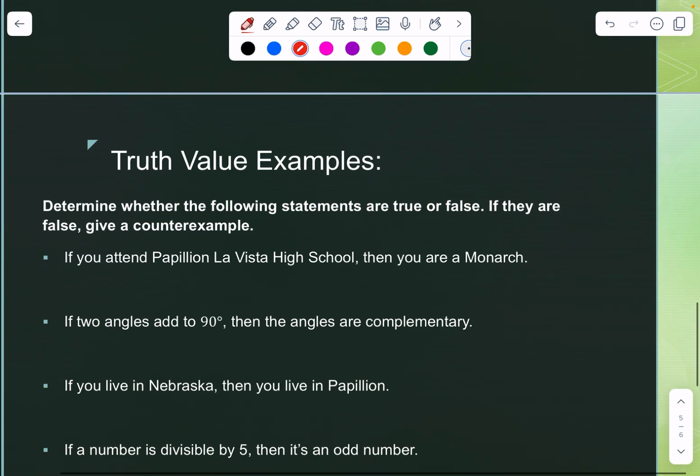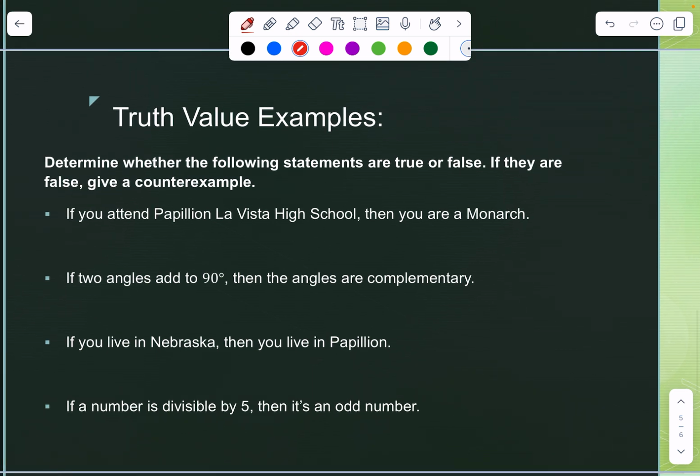Okay? So let's determine if these would be true or false. If it is false, we should be able to write a counterexample. Here we go. If you attend Papillion La Vista High School, then you are a monarch. And that would be true. Our mascot here at Papillion La Vista High School is the Monarchs.